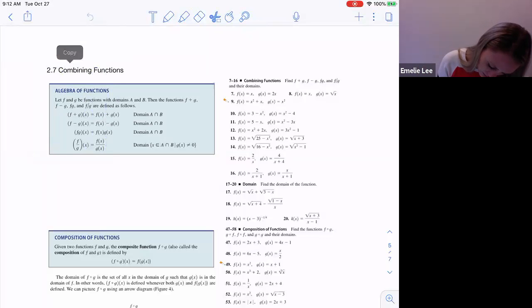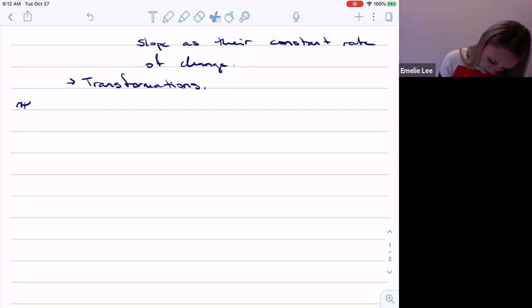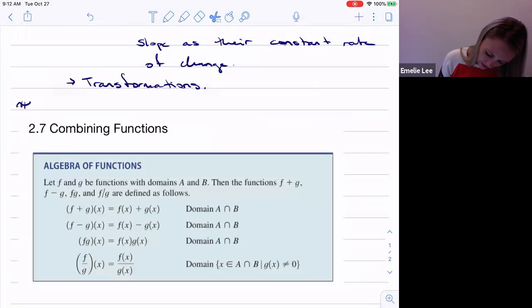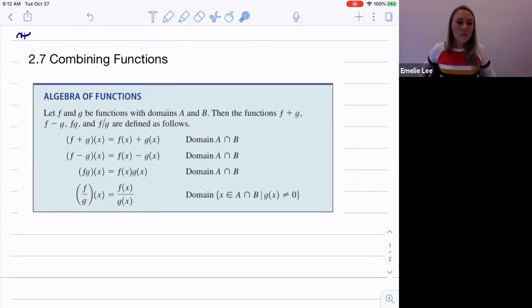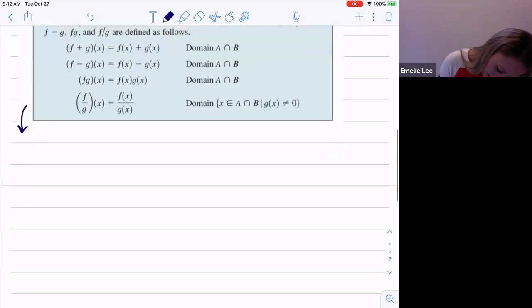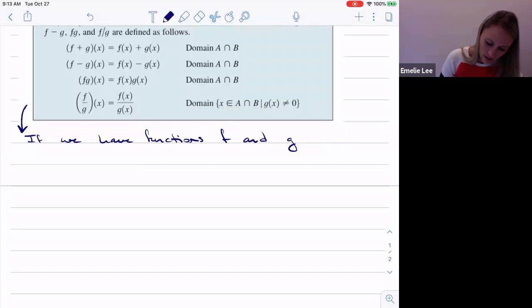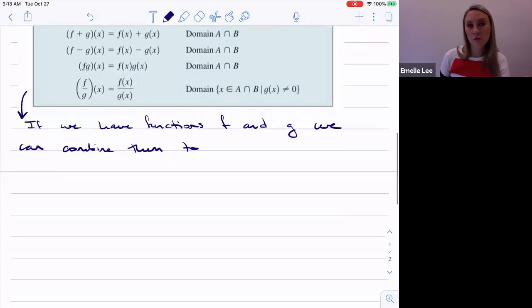So here, what we'll say is, if we have functions f and g, we can combine them to create a new function.